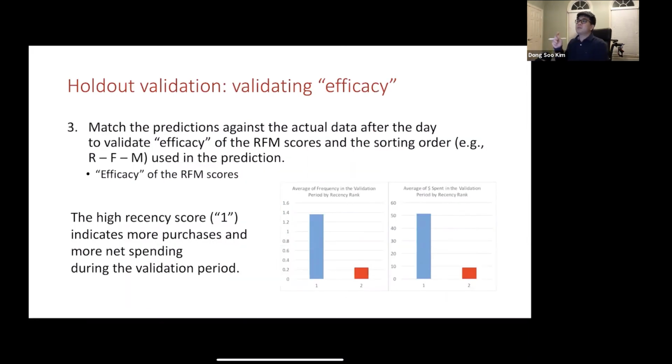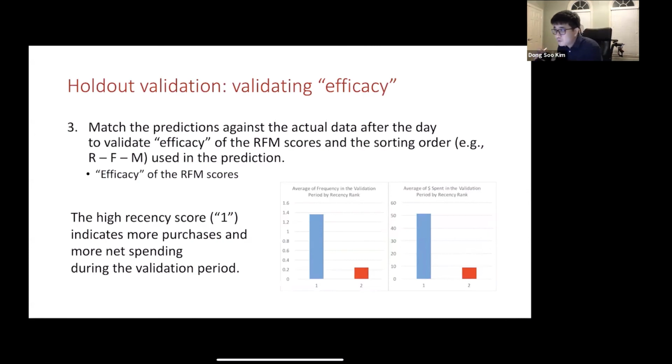The third step is the validation. Let's look into the recency score first. If recency score works, the high recency score, which is recency code 1, indicates more purchases and more net spending during the validation period.